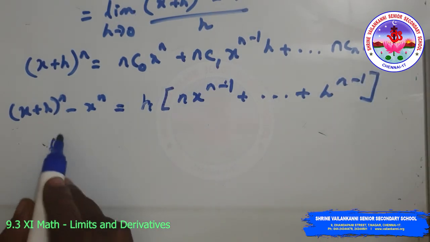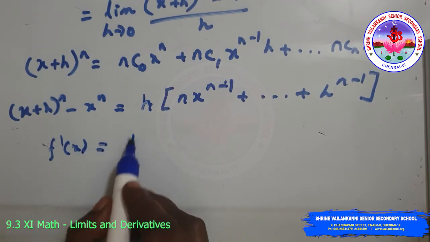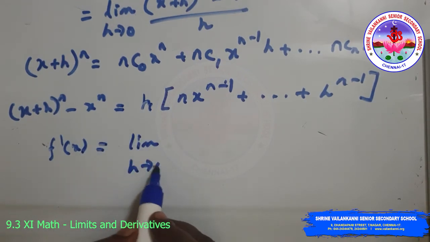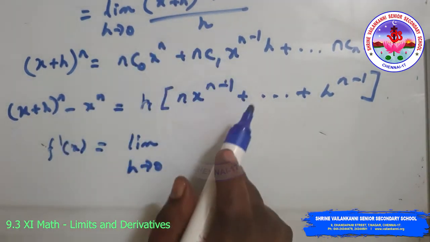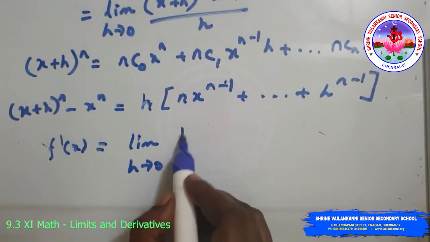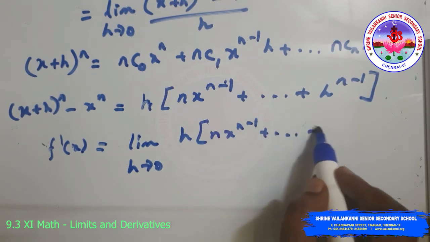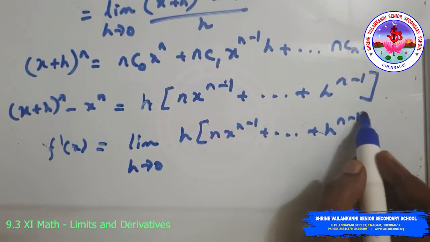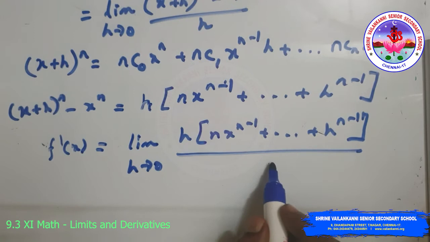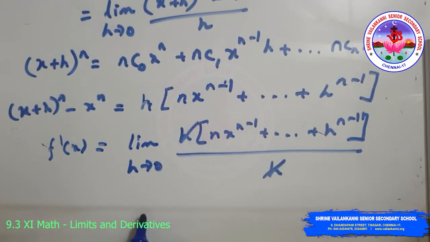Then f dash of x is equal to limit h tends to 0 of x plus h whole power n minus x power n, which is h into nx to the power of n minus 1, etc., h to the power of n minus 1, by h. Cancel h.